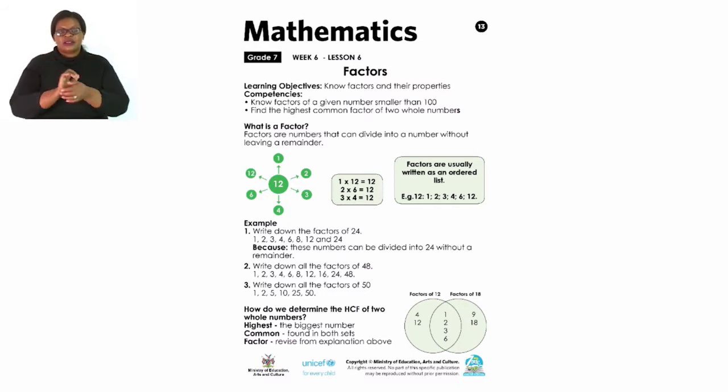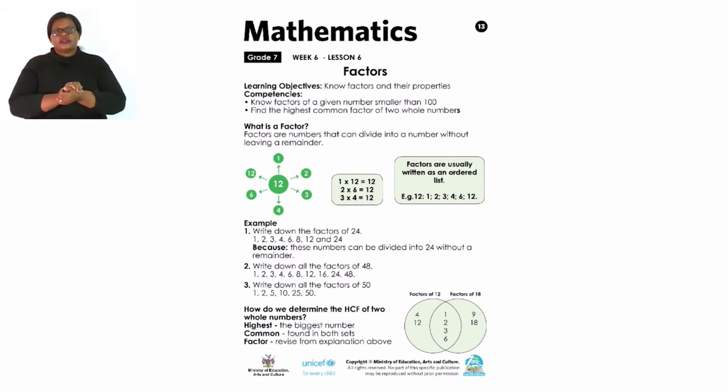For example, if you are asked to write down the factors of 24, which numbers can be divided into 24 without leaving a remainder? 1 divides into 24 24 times. So 1 as well as 24 are factors of 24. 2 divides into 24 12 times. So 2 and 12 are factors of 24. 3 divides into 24 8 times.